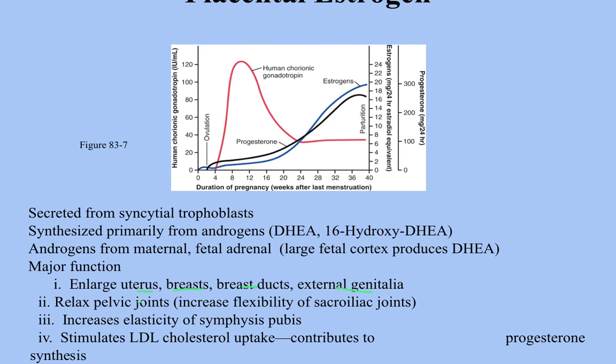It also relaxes pelvic joints, both the sacroiliac joints in the back and the symphysis pubis in the front. And it also stimulates LDL cholesterol uptake, which will allow you to make more estrogen and progesterone, which is needed for the pregnancy process.